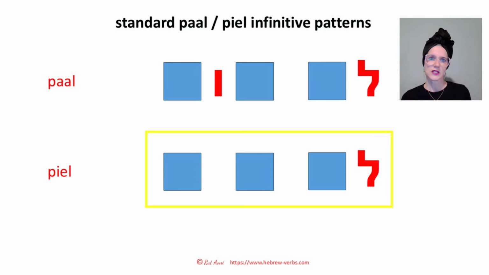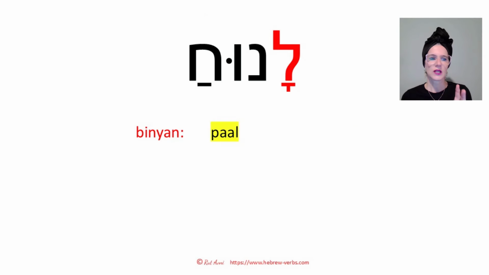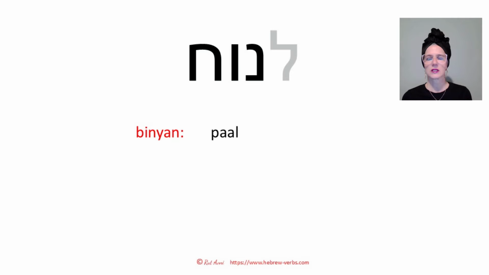The Piel one looks much closer to lanoach than the Paal infinitive, but you just heard me say that it is Paal. Why is that? Well, let me show you. It is because when we look here, lanoach, and let's take all of that out here. Yes, here we have three letters and the lamet in front.